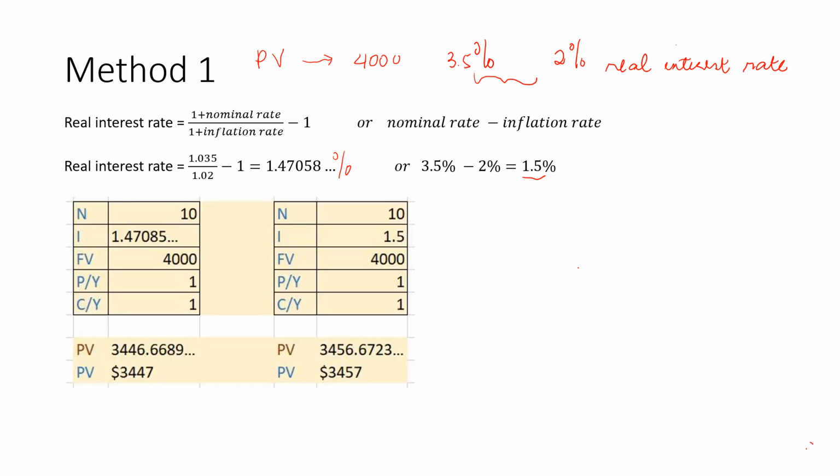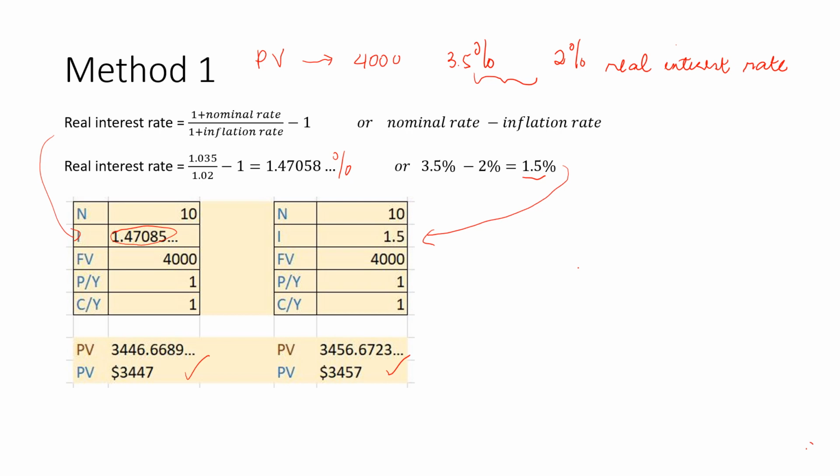The only difference is in the use of the rate. If you use the formula, then we will have this. And if you use the other simpler one, our answer differs by $10. So both of these answers for present values are acceptable. If you answer this, it's correct. If you answer this one, it's also correct. It depends what you use for the interest rate.